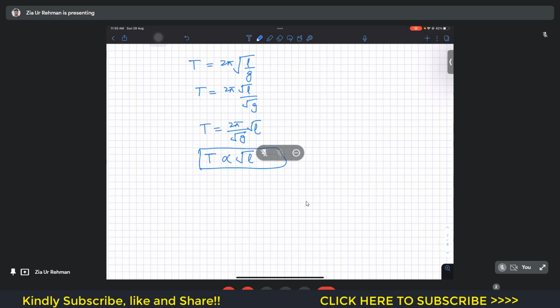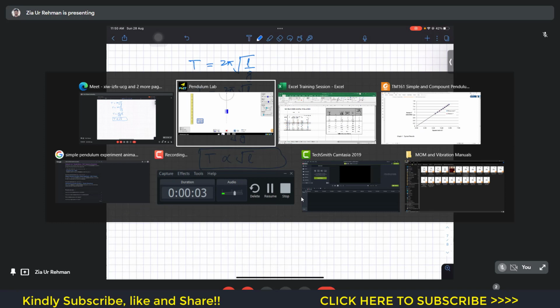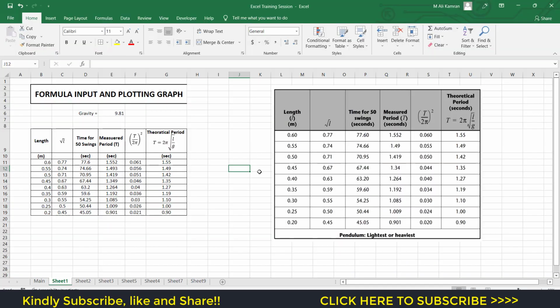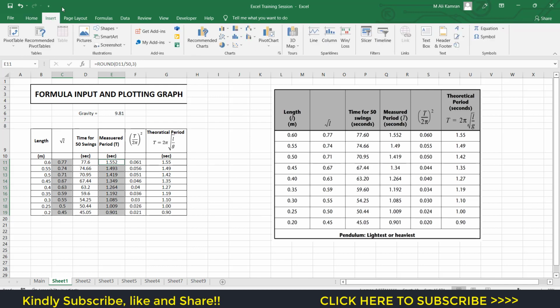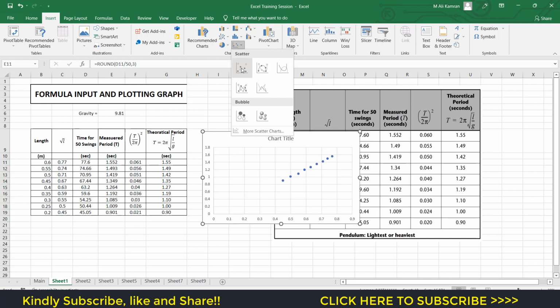So now let's plot this. How to plot this? We need to select this data, then press the control button and select the measured time period. So this is my measured time period, and then click on Insert, and then we will click on this, right?